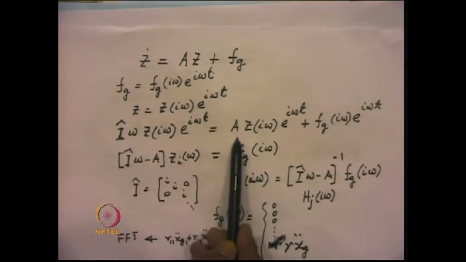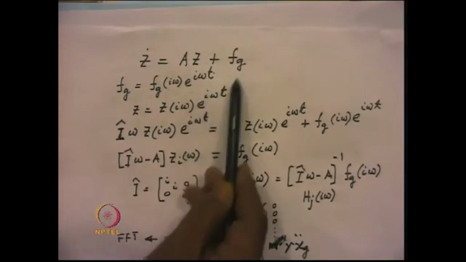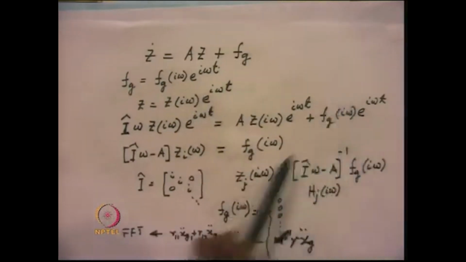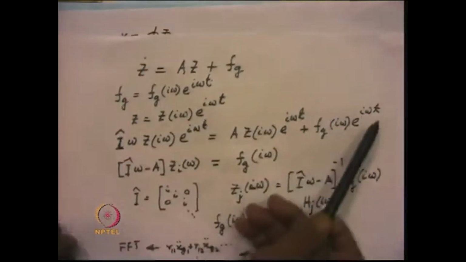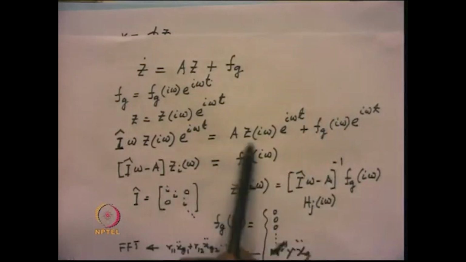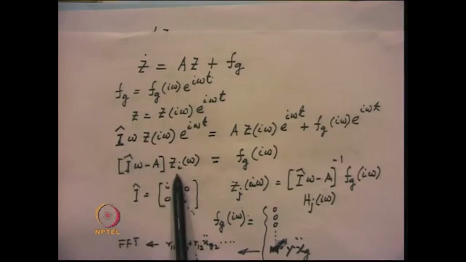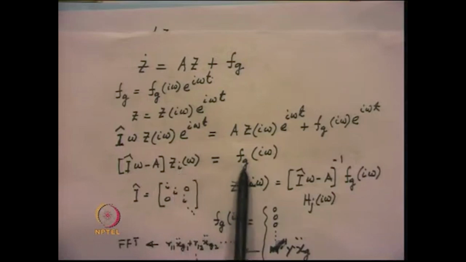In the case of Z we simply substitute this value. So, we have A multiplied by Z(i omega) e to the power i omega t, and for Fg we write down the FFT of Fg. Then if I take this onto the left hand side, we get the matrix I cap omega minus A into Z(i omega), that becomes equal to Fg(i omega), because e to the power i omega t cancels from both sides.